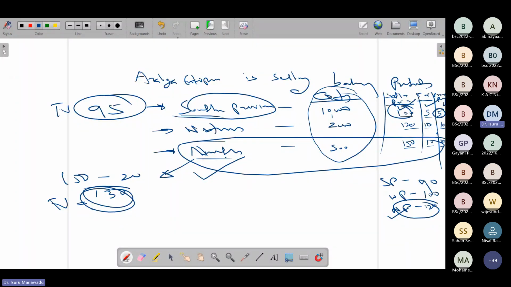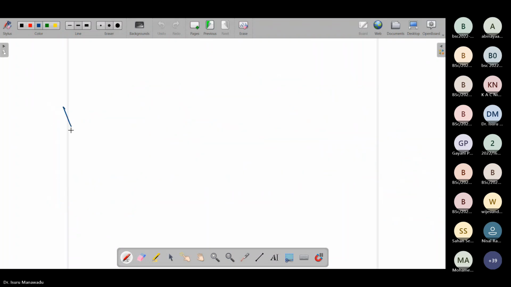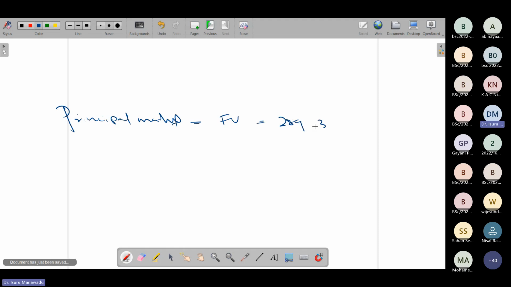In the principal market, fair value is 289,360,000.